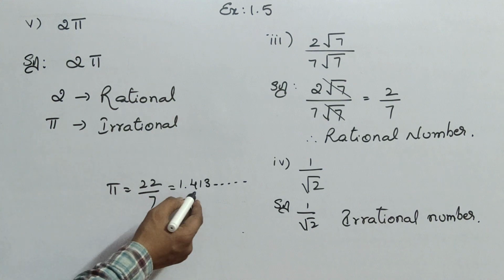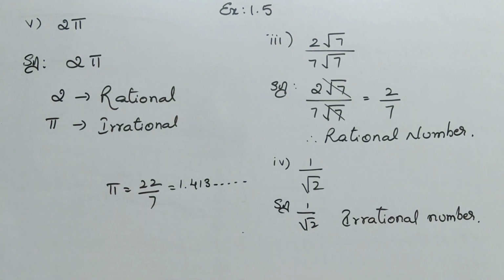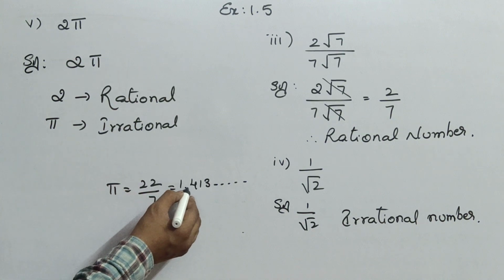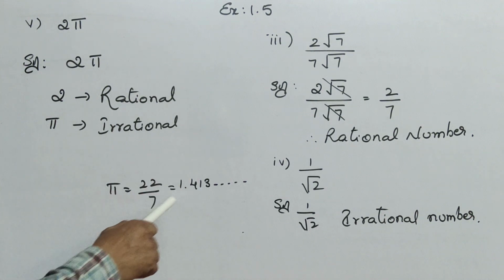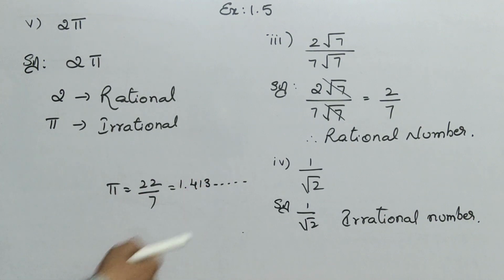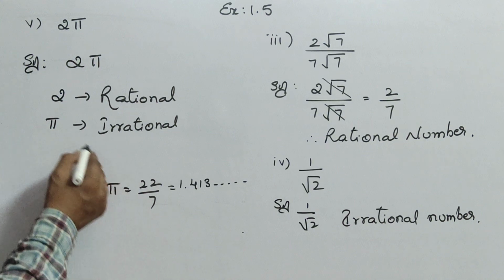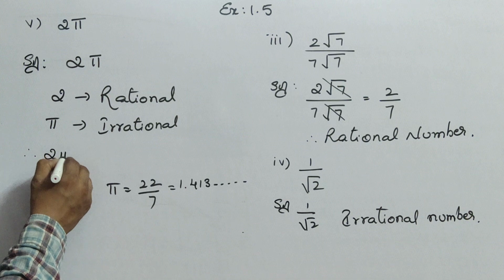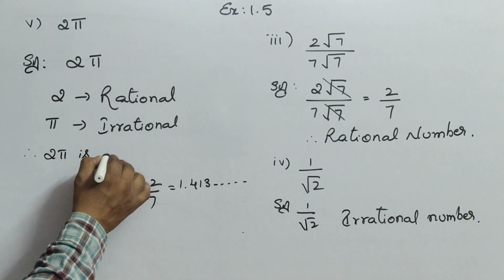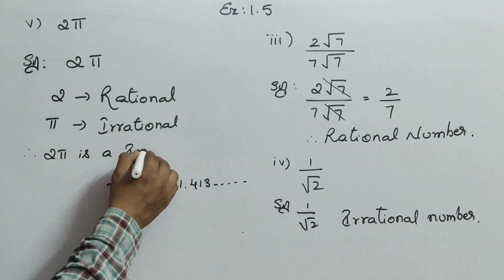It is non-terminating, but it will not recur with the same number either. If it recurs with the same number, you know how to write it in the form of p by q. But here 22 by 7 is 3.14 and so on, it keeps on coming. That means it never ends and the same numbers are not repeating at all. So that's why pi is an irrational number. Therefore 2 pi is an irrational number.